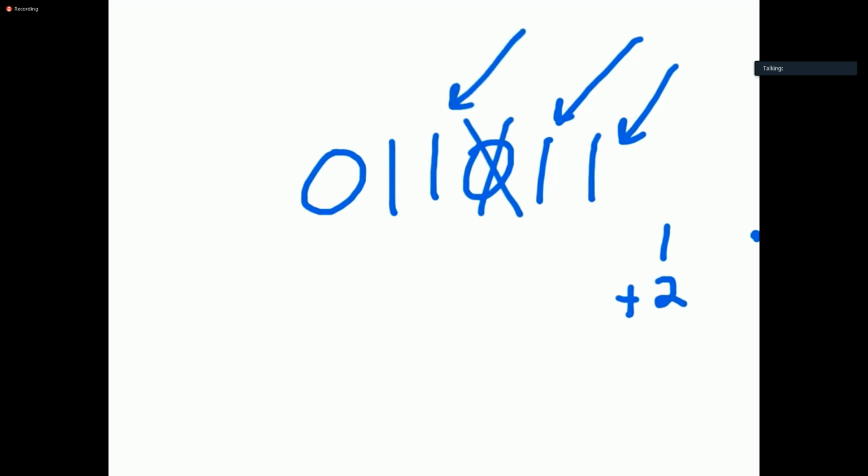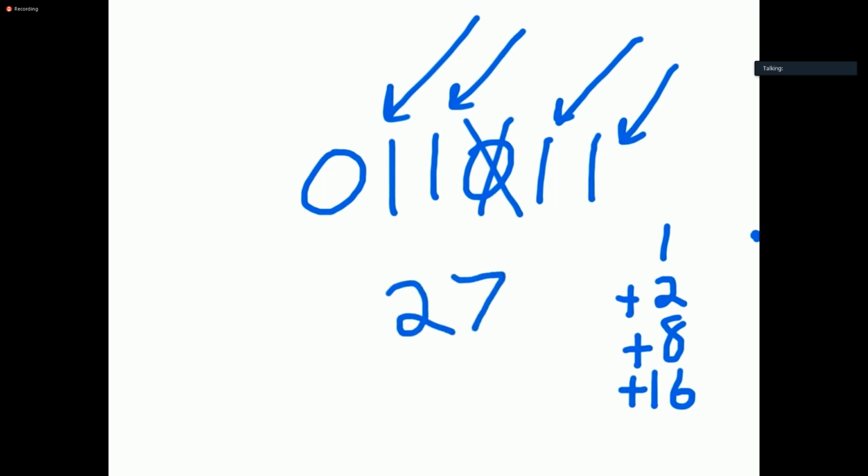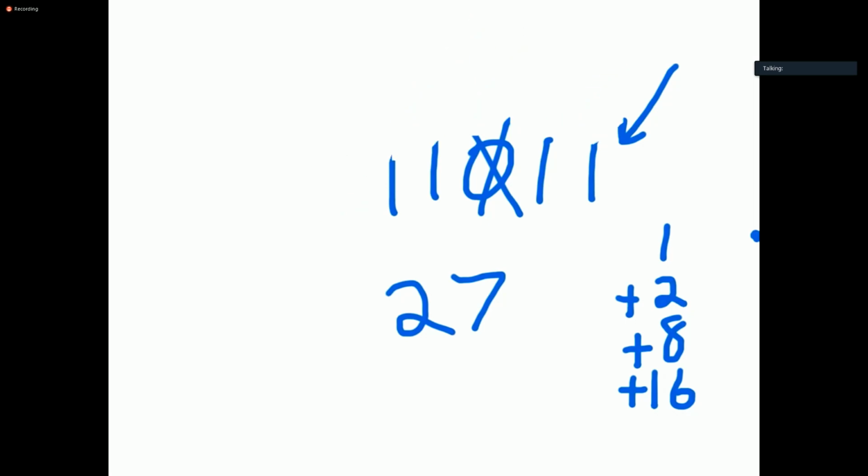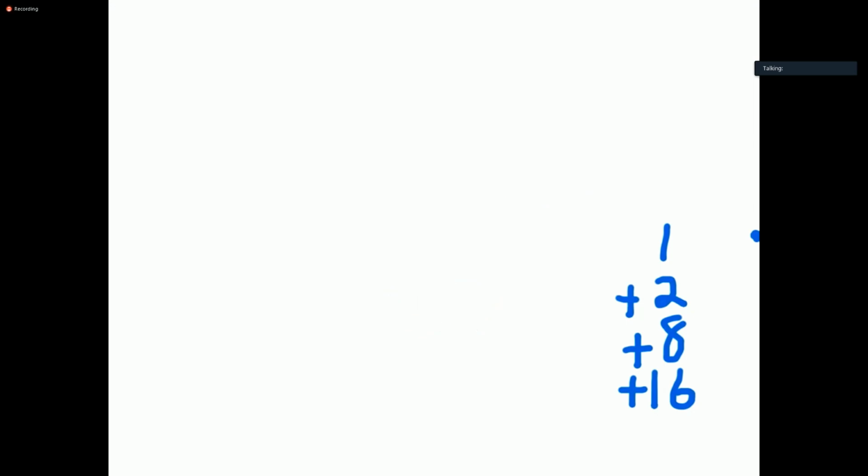And then we have the 8's place. And then we have the 16's place. And then all you have to do is add this together, and you'll have your answer. So that's how you do it. You just add together the place values that have a 1 in them. Now, this explains how you can convert any binary number from binary, base 2, to decimal, which is base 10.